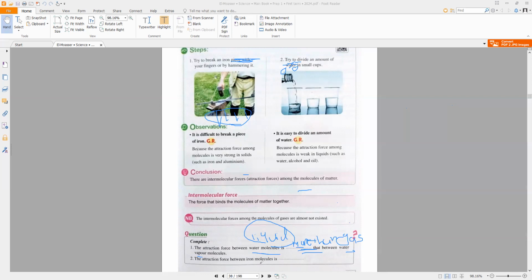The attraction force between iron molecules is very strong. Why? Because iron is a solid, so the attraction force is very strong.